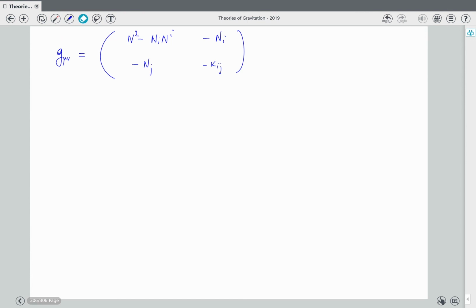Let's see if we have time to compute the inverse. At least we write it down.